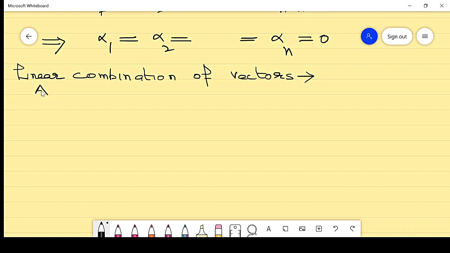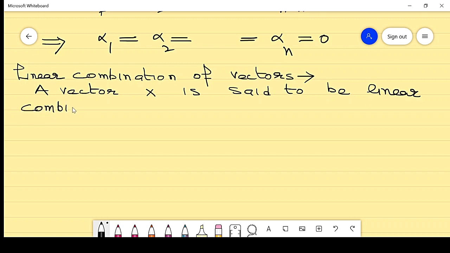Now a vector x is said to be a linear combination of vectors v1, v2 and so on vn.